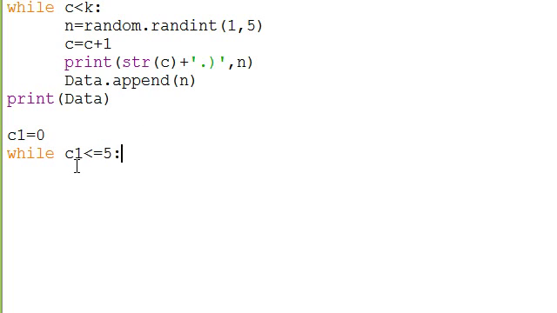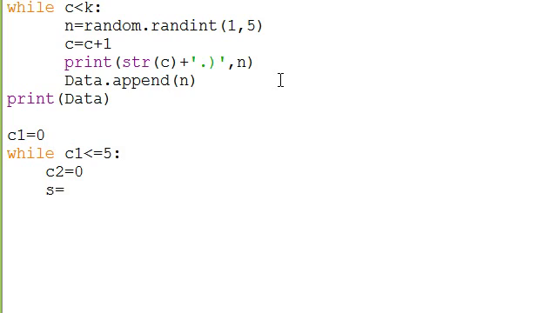Okay, so C1 is going to end up being 0, less than or equal to 5. I don't know, go with it. So just hit enter there, and C2, we'll set that at 0, and that's going to be looping through the list.